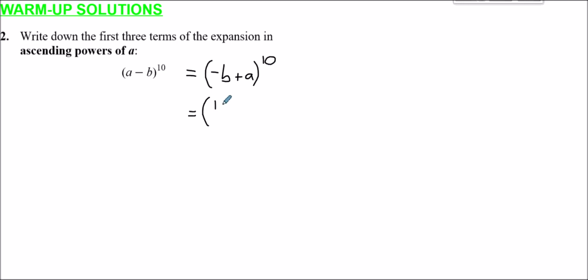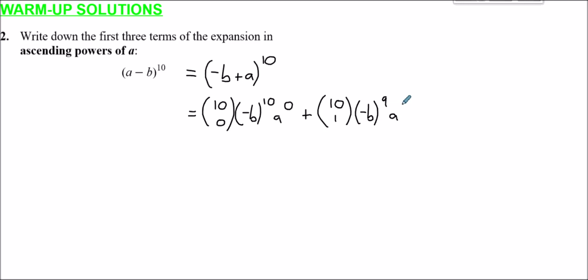So then it's going to be 10 choose 0 minus b to the power 10, a to the 0 then plus 10 choose 1, minus b to the power 9, a to the power 1. Then finally, the third term in ascending powers of a is going to be 10 choose 2, minus b to the power 8, and a squared.